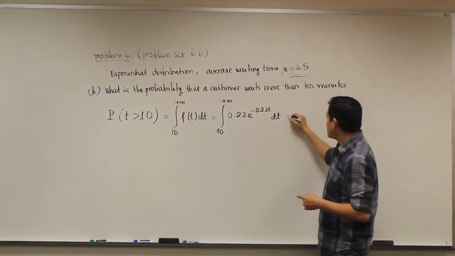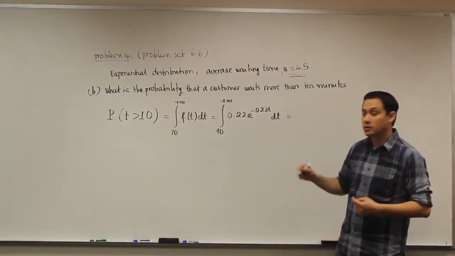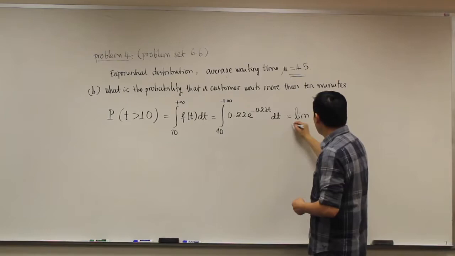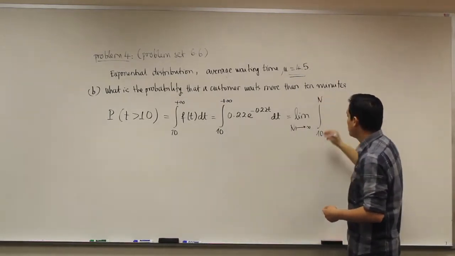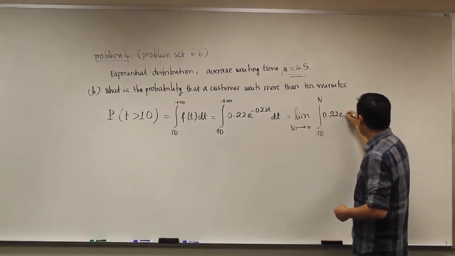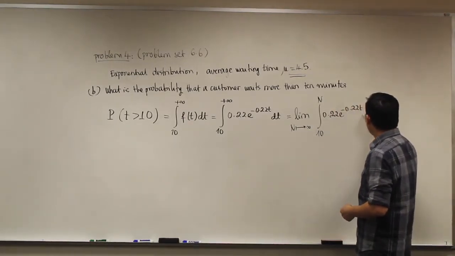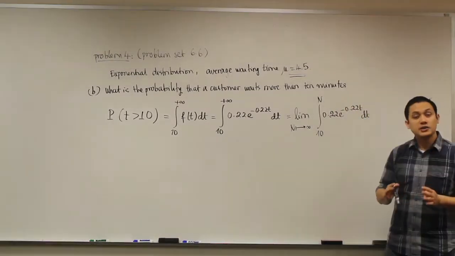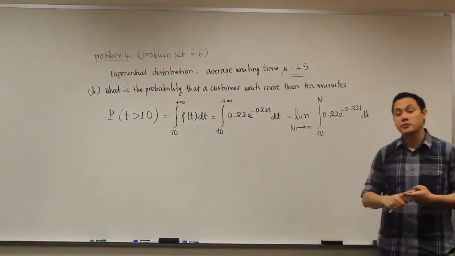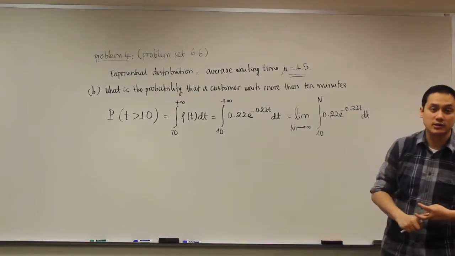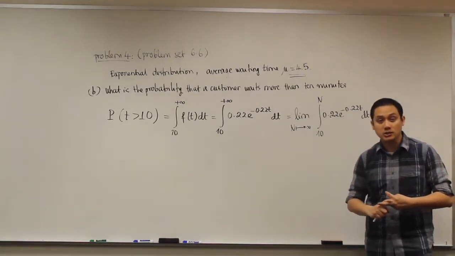To do that, let's rewrite this improper integral as the limit of a definite integral. As I mentioned in class, there are two ways to tackle this problem. The first one is numerical estimation, and the second one is algebraic manipulation.